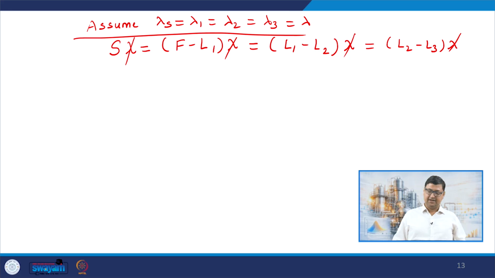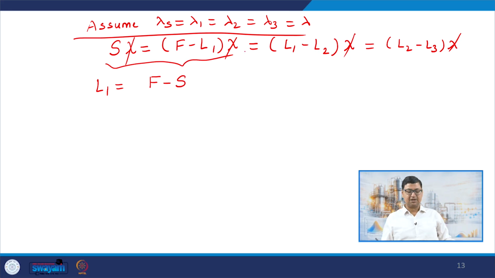So, if I try to solve this kind of an equation, I can note that L1 is equal to something like F minus S, that is coming from the first two equations, right.